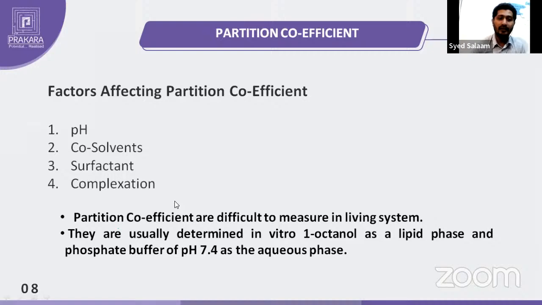Partition coefficients are difficult to measure in the living system, as I have just said. So we will be considering the lipophilicity parameter. They are usually determined in vitro, because we cannot directly check in the human body.